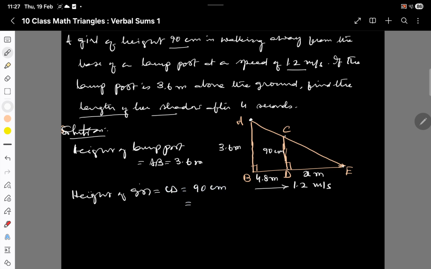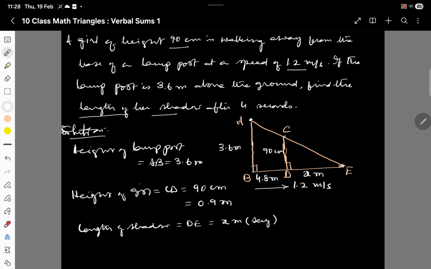You should write it in meters because the others are in meters, so we write it as 0.9 meters. Next, length of shadow is equal to DE is equal to x meters.